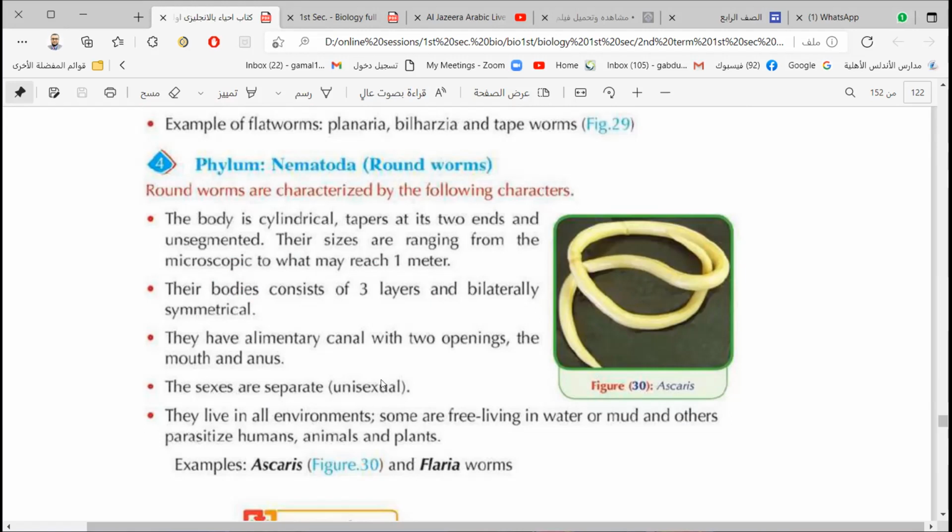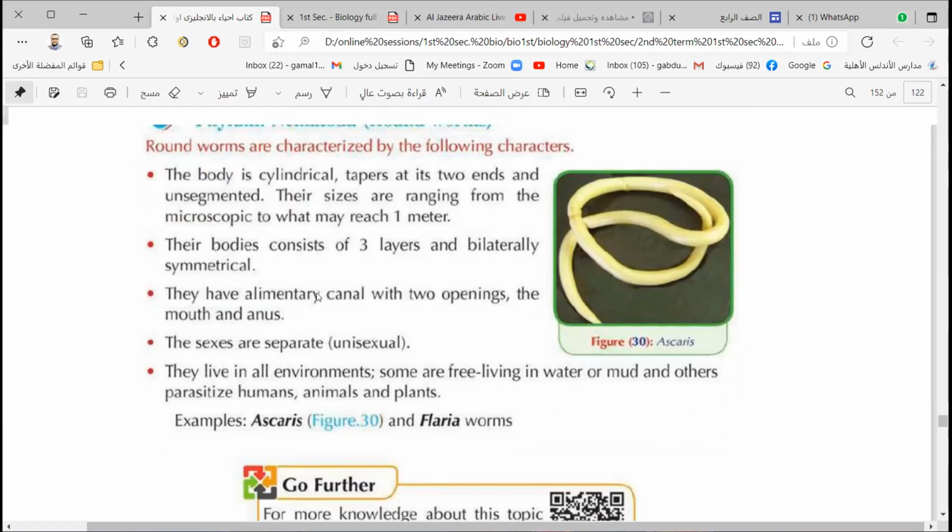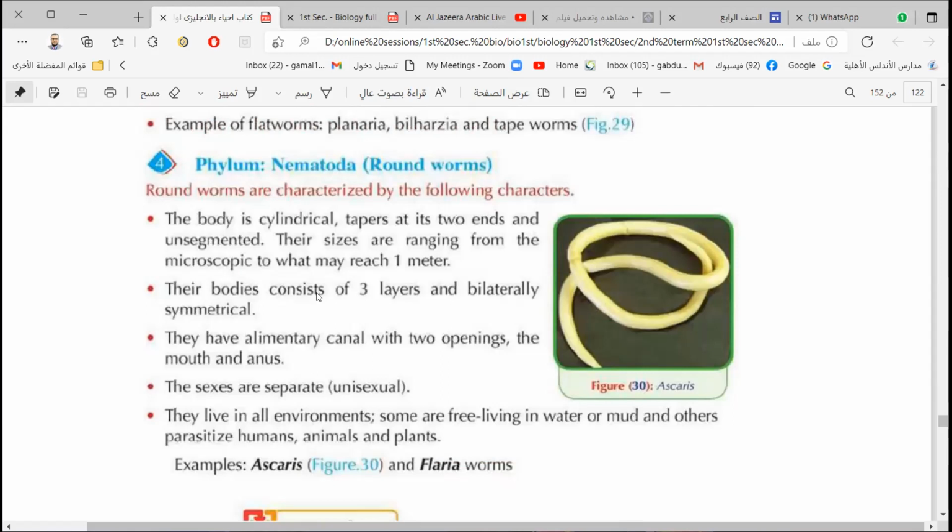And the alimentary canal has 2 openings, mouth and anus. Their size ranges from microscopic size to 1 meter length, and the body is bilaterally symmetrical. Okay, this is the nematoda or roundworms, الديدان الاسطوانية.